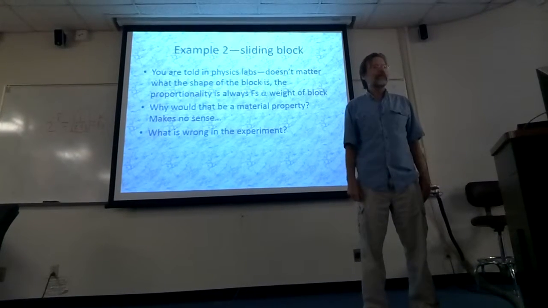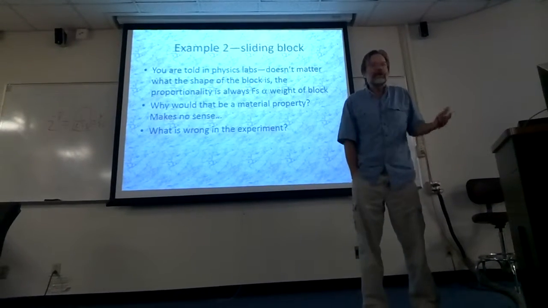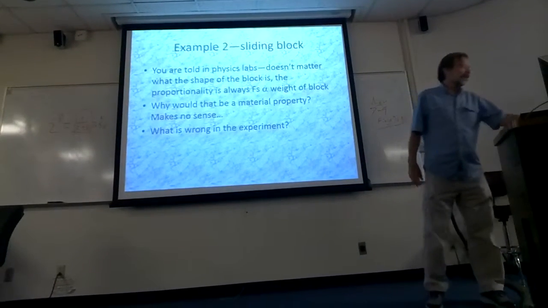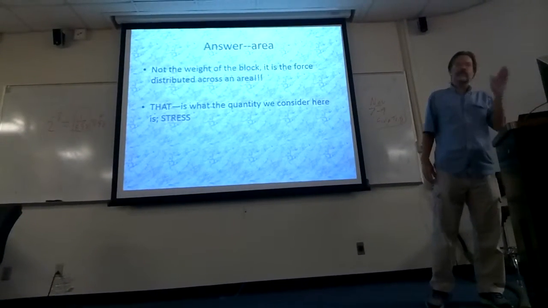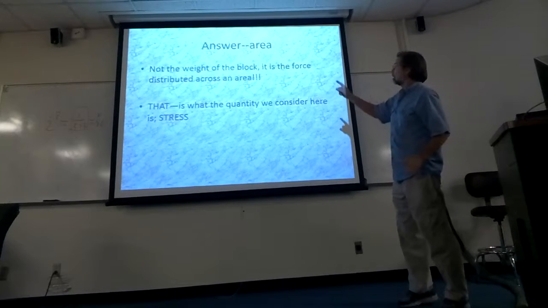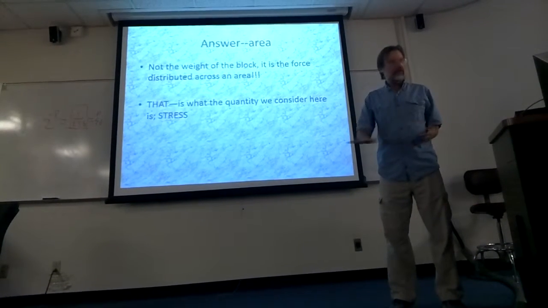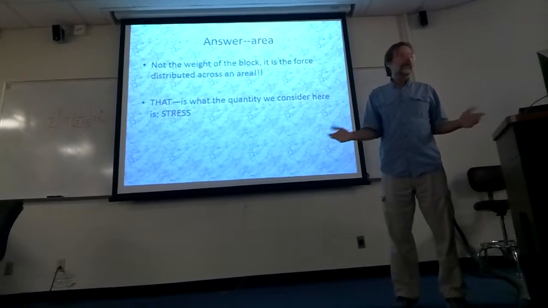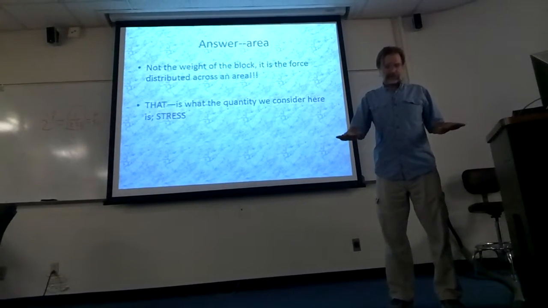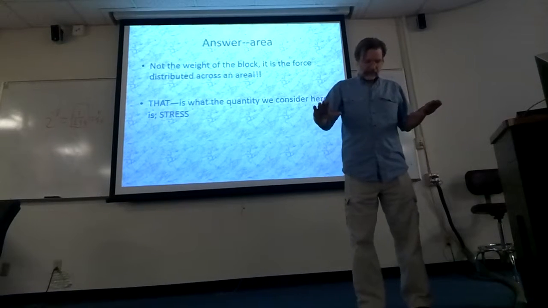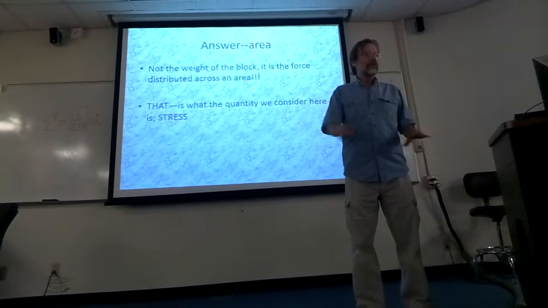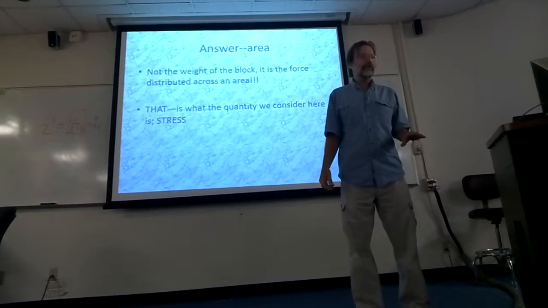That's a physical property. And what's wrong with that experiment is exactly like the other one. It's not the weight of the block, it's the forces that are applied over an area. In this case, it's the contact area between the two different blocks across which you're making that particular measurement.